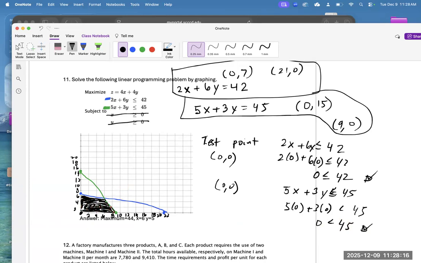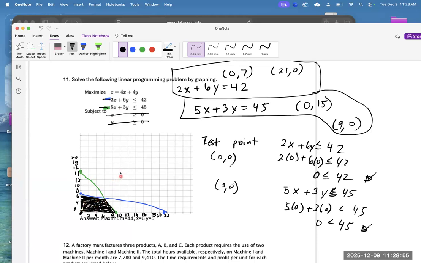And now the next step of this process is I need to check all the corner points of this feasible region. There's a feasible region, meaning that these are all the values. Any point in this black region will satisfy both equations. A lot of times in these problems, I think about it as: I have enough resources to make all the points in this feasible region.